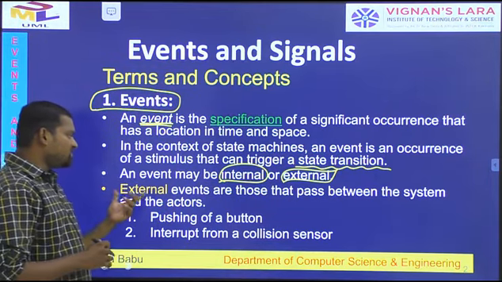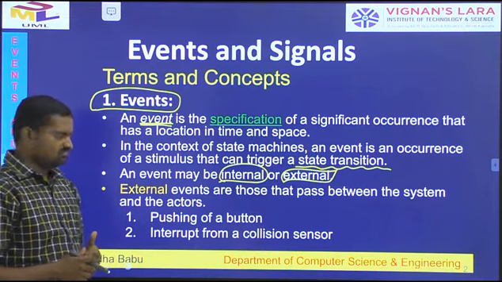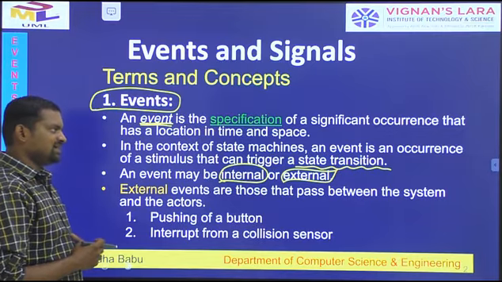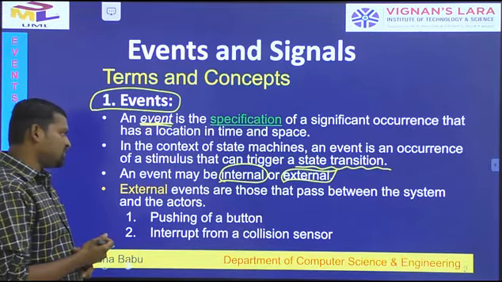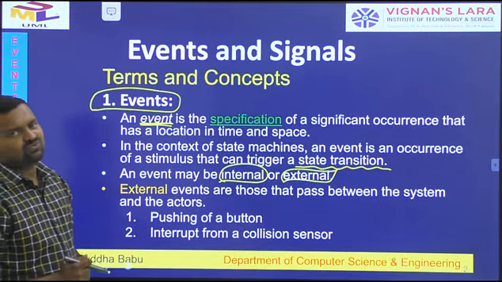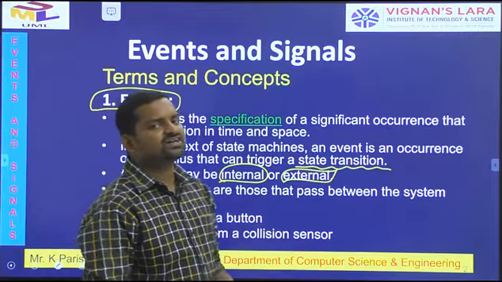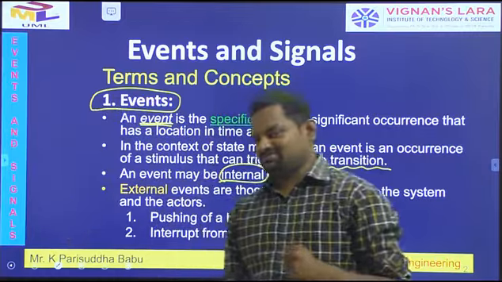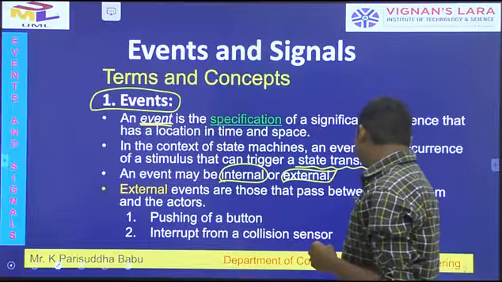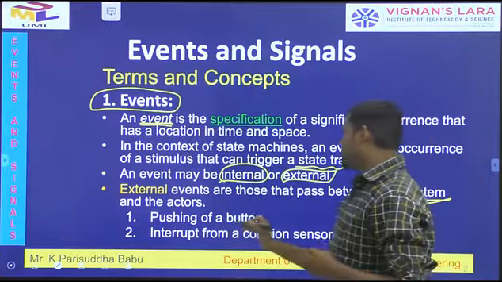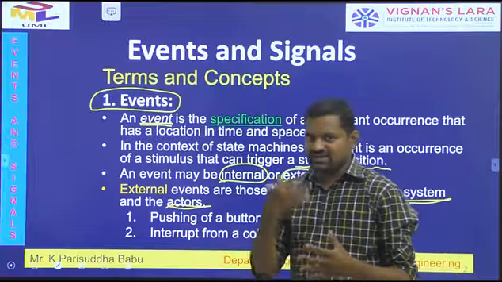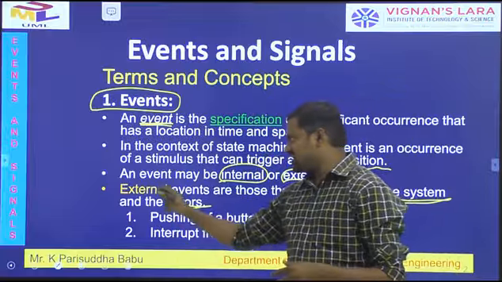See, what is an external event first? External events are those that pass between the system and the actors. The information passing between the system and the actor is called an external event.